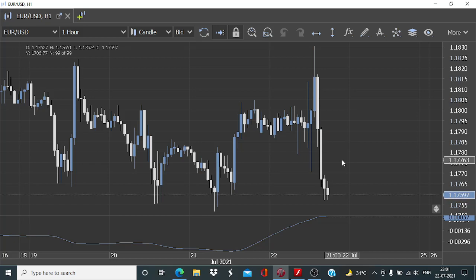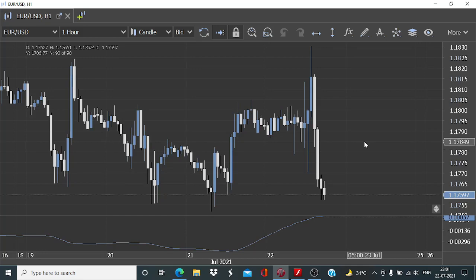So we can go about this in multiple ways, but to keep it simple, I will simply be using the open at market trade command this time.